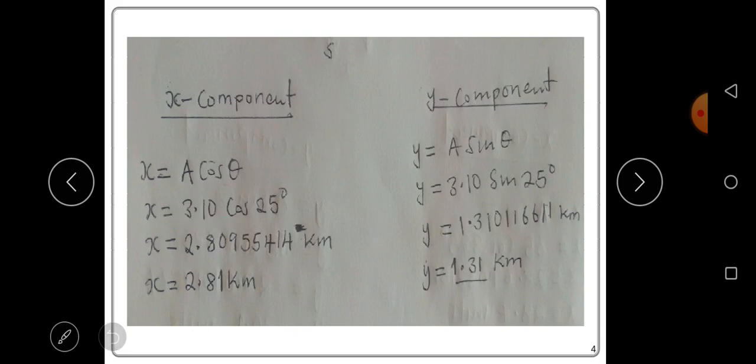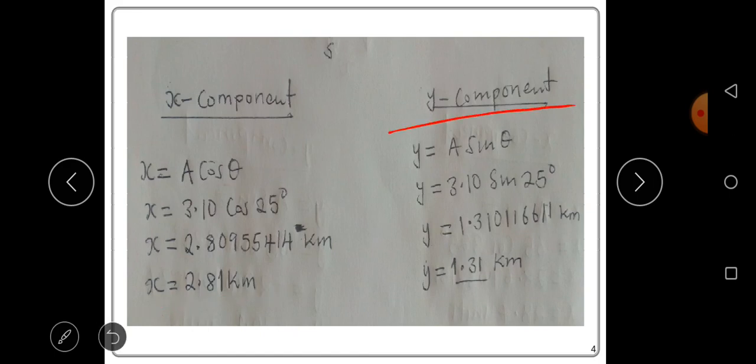When we punch 3.10 cos 25 on a calculator, we get 2.8095514 kilometers, which in 3 significant figures is 2.81 kilometers. So this is the x component of the vector.